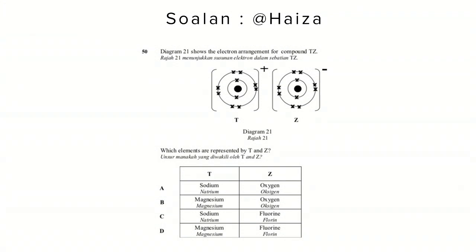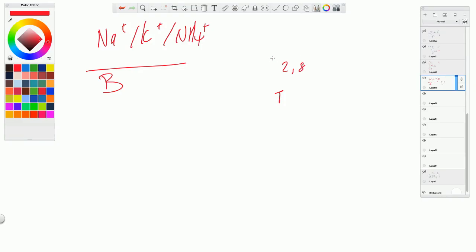Rajah 21 menunjukkan susunan elektron dalam sebatian TZ. Which elements are represented by T and Z? Okay, so kamu lihat sini. T, dia sekarang ada 2, 8. Tapi, dia ialah charge positif 1. So, inilah ion T. So, original ialah 2, 8, 1. Ini natrium lah.